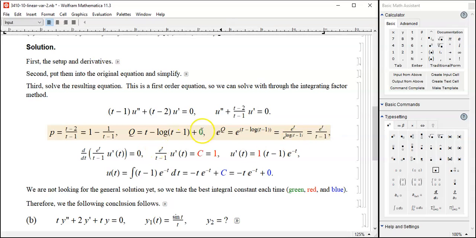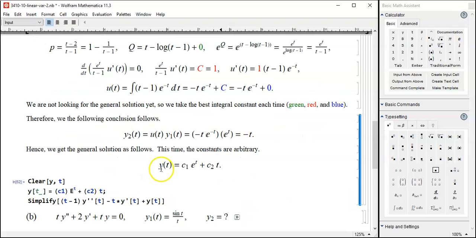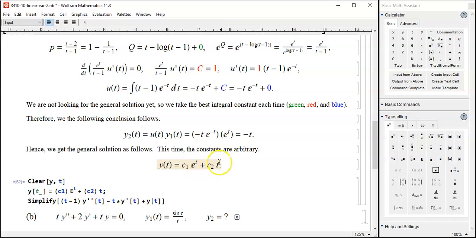Oh, one more thing. When you take the antiderivative, you're not looking for an arbitrary constant here. The arbitrary constant comes only at the very end. You see, whenever you do c1y1 plus c2y2, where c1 and c2 are arbitrary constants, that's when we have the arbitrary integral constant.